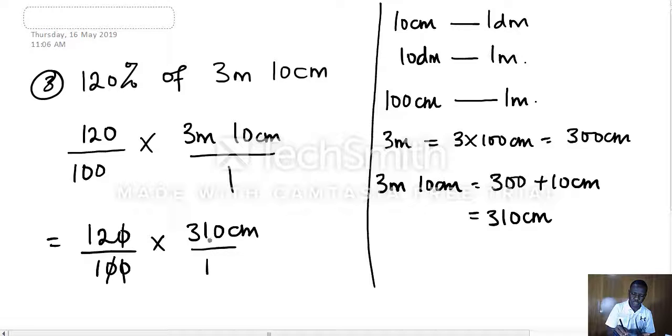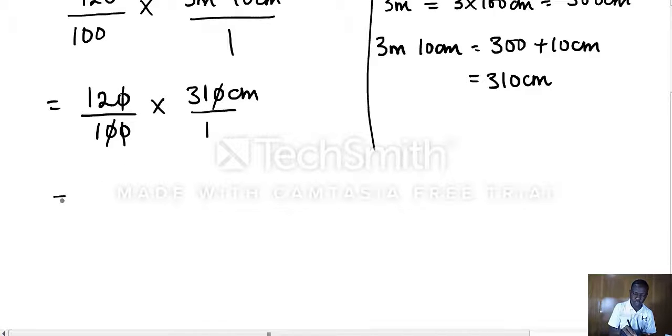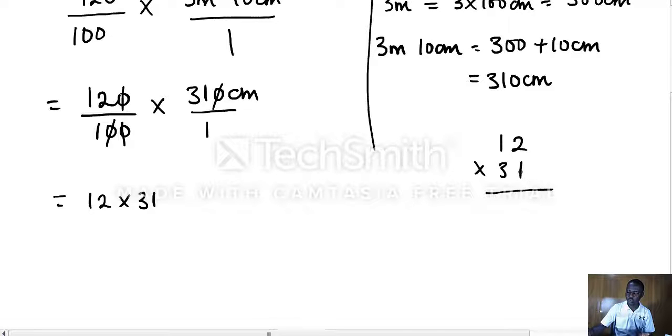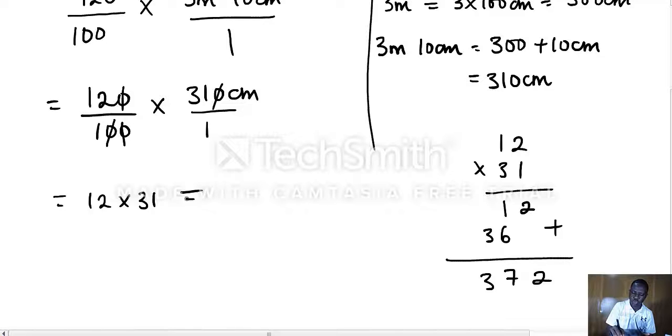This will cancel, this will cancel, leaving us with 12 times 31. 12 times 31: 1 times 2 is 2, 1 times 1 is 1, 3 times 2 is 6, and 1 times 3 is 3. When you sum this, it will give you 372.